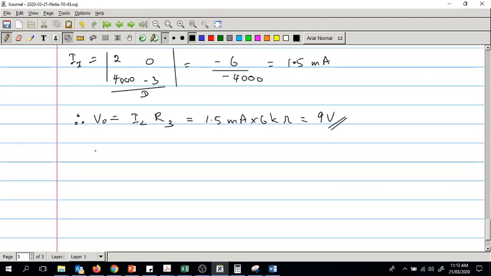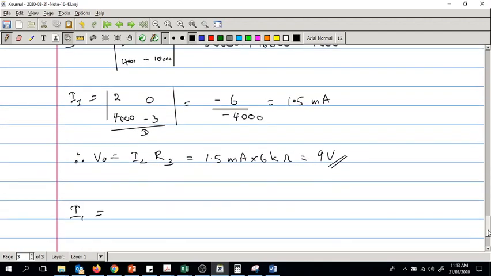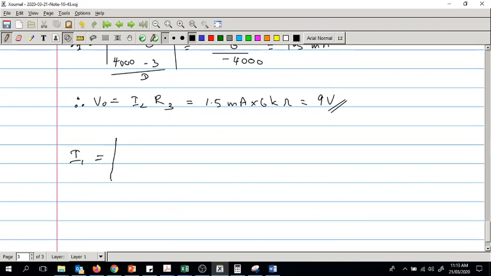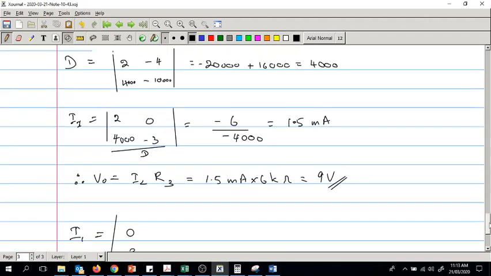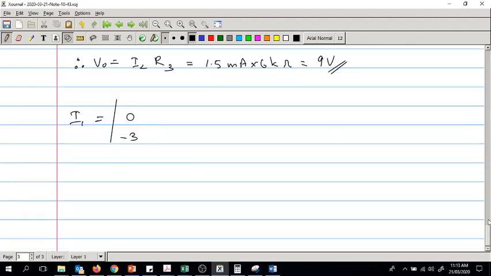So if you want to find out I1, it is given by this: 0 minus 3 and the second column minus 4 minus 10,000, divided by D, right? We'll find that as well quickly. Now in this question you don't have to find I1, but here we will find I1 as well.